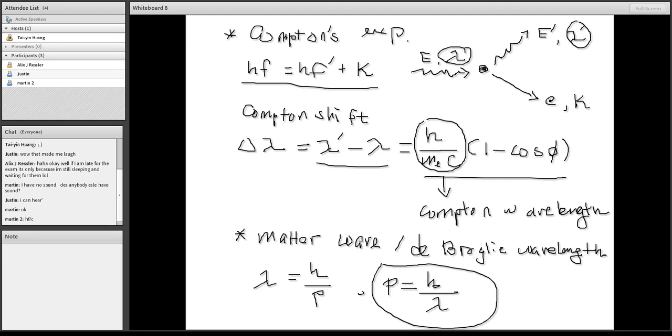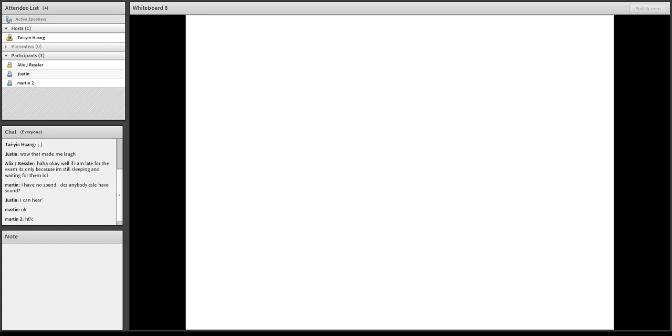Okay. Now, we mentioned matter waves. In other words, all these subatomic particles can behave like a wave, and this has to be governed by Schrödinger's equation. Schrödinger's equation describes how these subatomic particles behave.